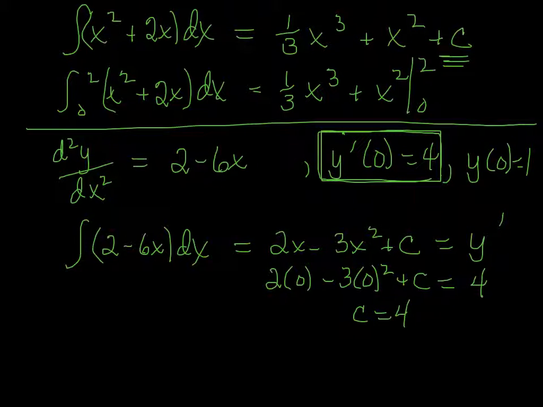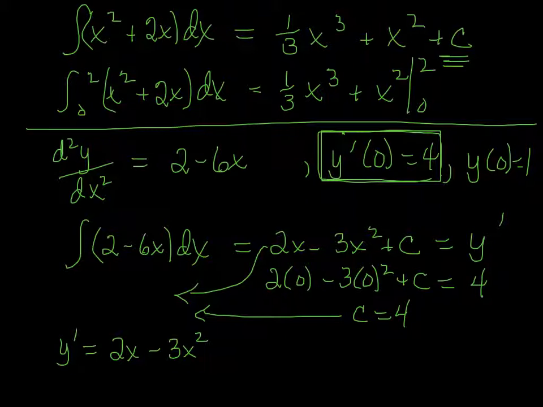So what this then does is we're going to take this equation here along with this c value here, and that will give us the final equation for y prime. So y prime is equal to 2x minus 3x squared, and now we have the c, so we can plug that in.